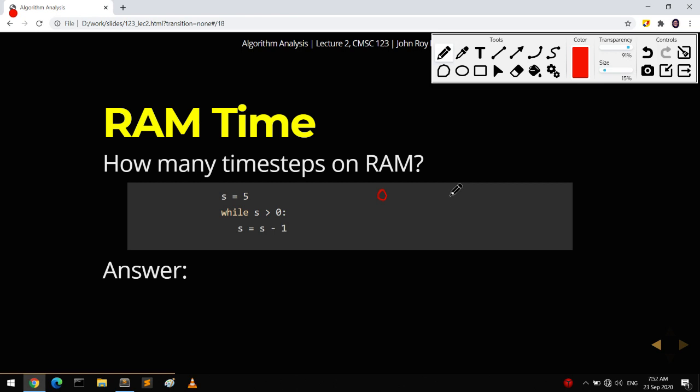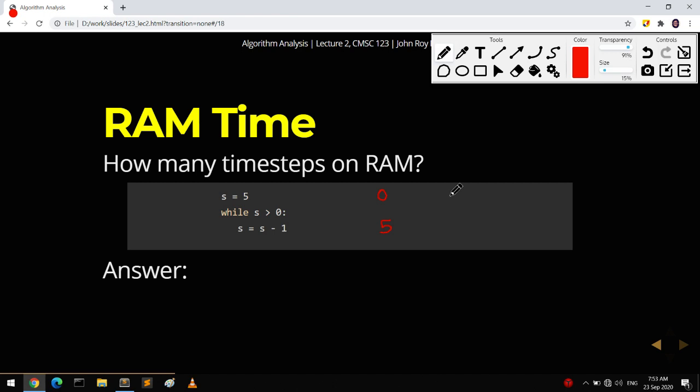Now, for this line here, how many times will this be run? So the inner part of the loop will be run 5 times, right? Because, well, s is equal to 5. So this will be from 5, 4, 3, 2, and 1. And the condition is that when s is greater than 0. So the inner part will run 5 times.